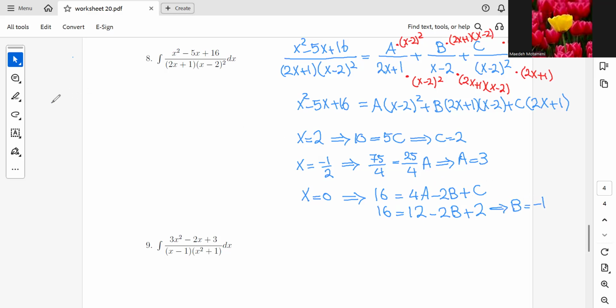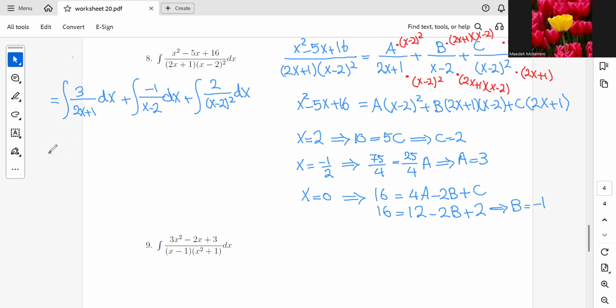So the given integral is equal to a, which is 3 over 2x plus 1 dx, plus b, which is negative 1 over x minus 2 dx, and c, which is 2 over x minus 2 squared dx.